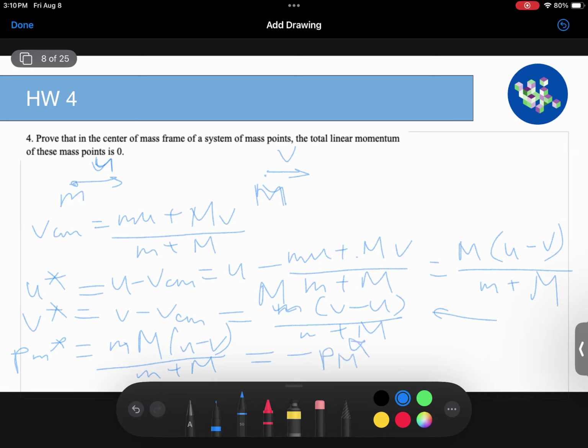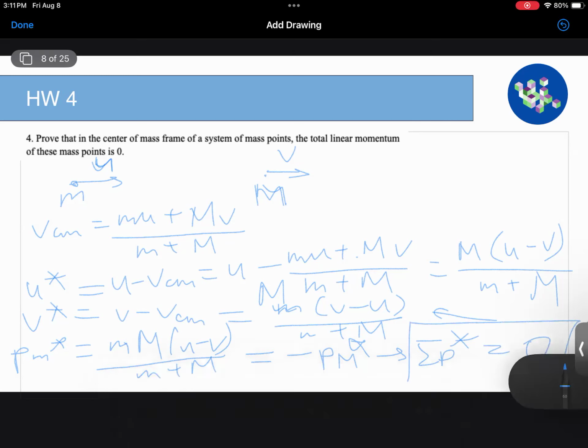So that means that if I do sigma p in the center of mass frame, it equals 0. And you'll find, for a general system with any arbitrary number of mass points, it doesn't have to be 2 mass points, that the total linear momentum is equal to 0.